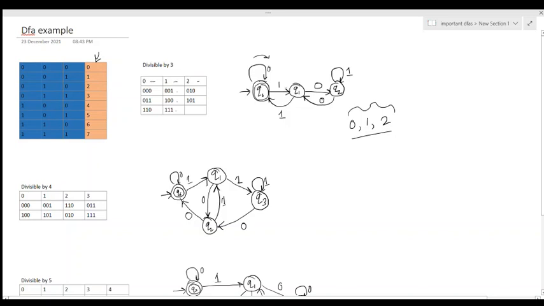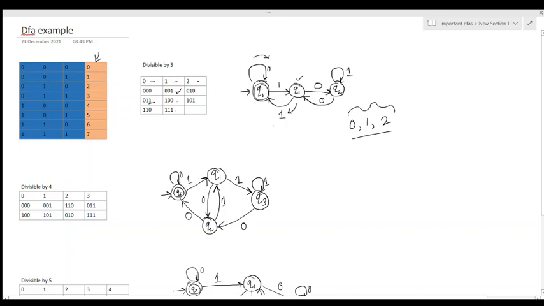If you take any number of 0s and then take a 1, we reach state Q1, remainder 1, that is the first value, 0 0 1. Now the next value divisible by 3 is 0 1 1. From Q1 we reach again Q0, so we get the string 0 1 1.